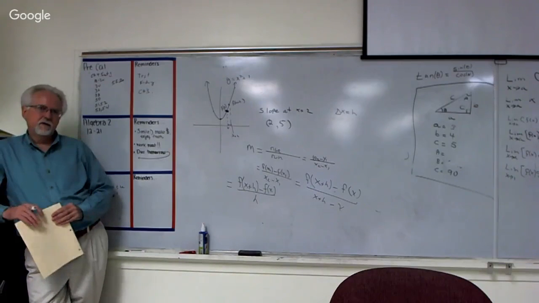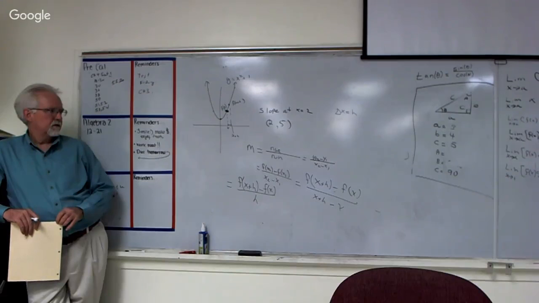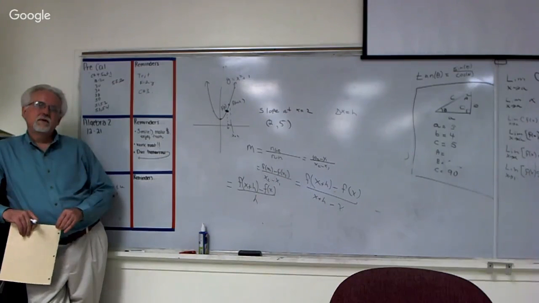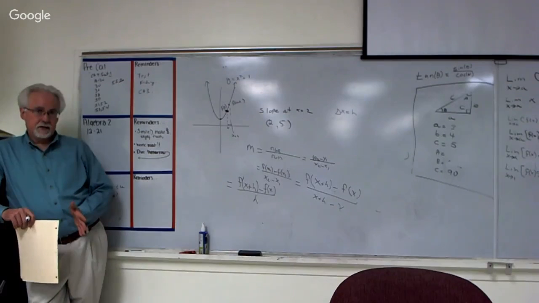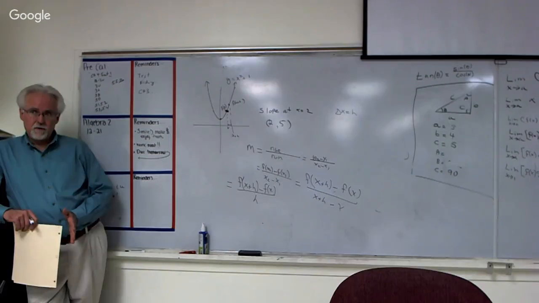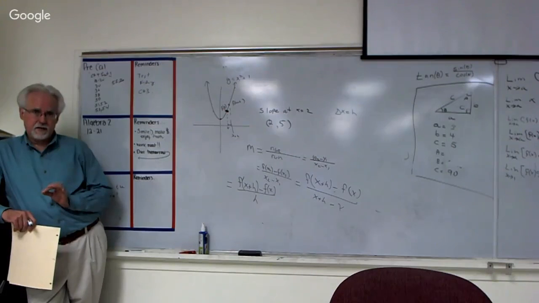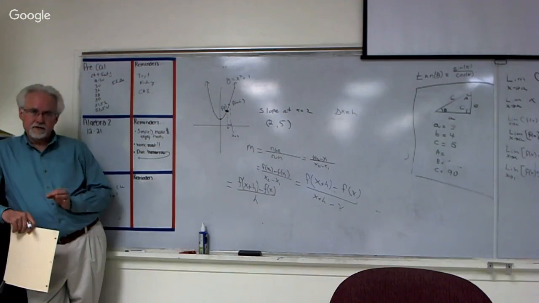As h gets smaller, or closer and closer to 0, the answer that you get in Excel gets more and more accurate. The closer h gets to 0, the closer Excel gives you the perfect answer.